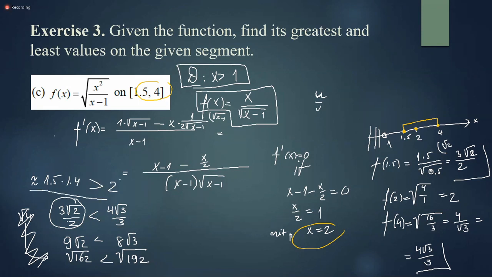I don't have to multiply in order to see this, because, well, you can multiply, of course. That would be 2.1. But I might not even need to multiply to see this. So the least value is f of 2, which is 2, and the greatest is f of 4, which I will still write in the radical form.